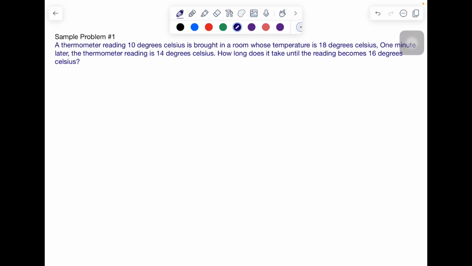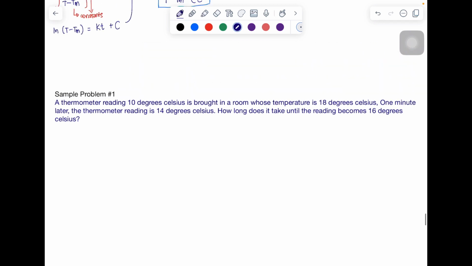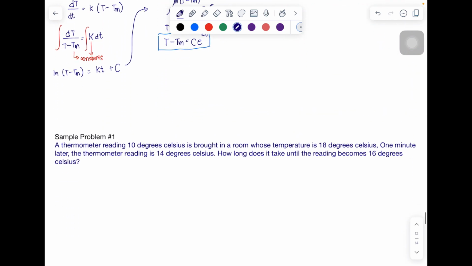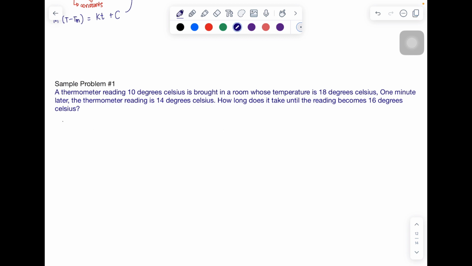All right. So we've already derived the formula. So let's write the general solution.